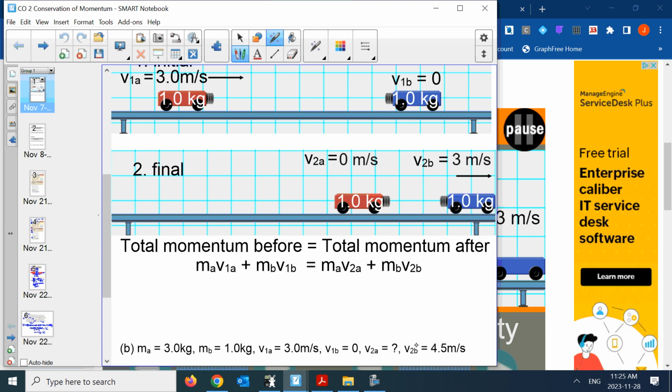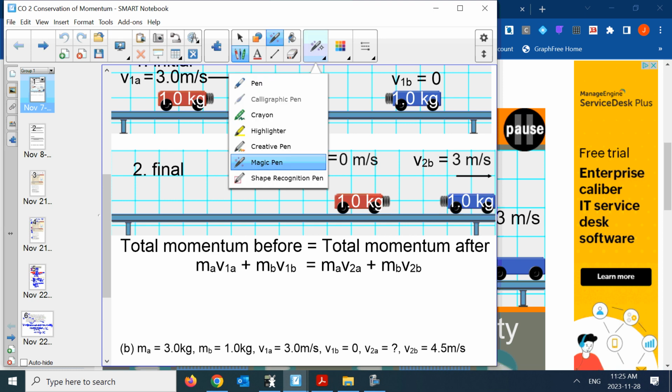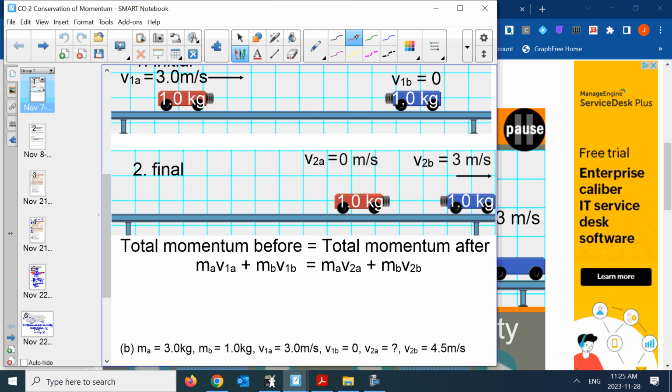So let's just fill in the numbers and do the math behind this. So we've got 1 kilogram times 3. You're going to do this too. That's V1A, 3.